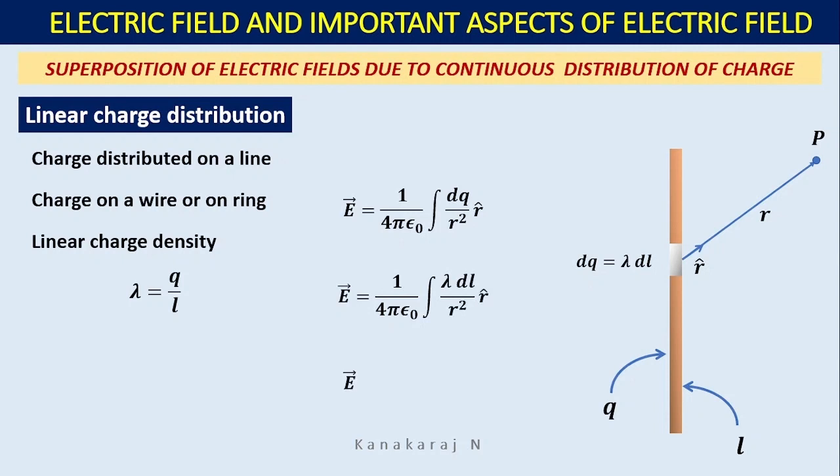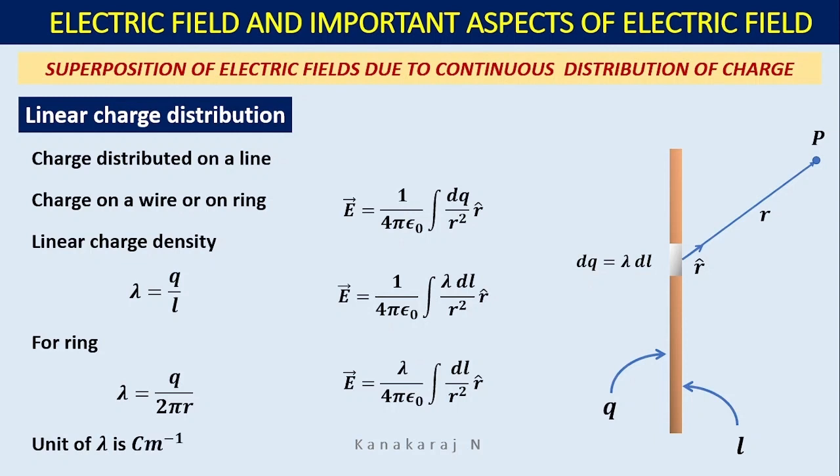So the final equation is E vector equals lambda by 4 pi epsilon naught integration dl by r square r cap. For a ring, lambda equals q by 2 pi r, where the length is replaced by the circumference. The unit of linear charge density is coulomb meter inverse.